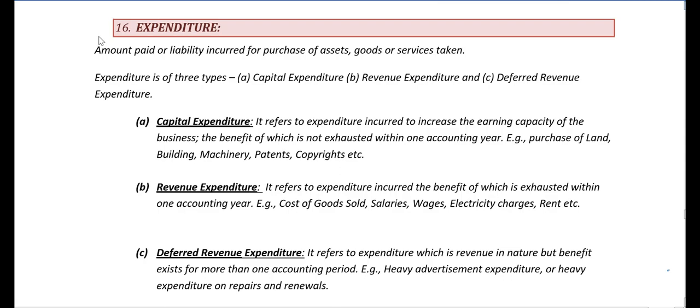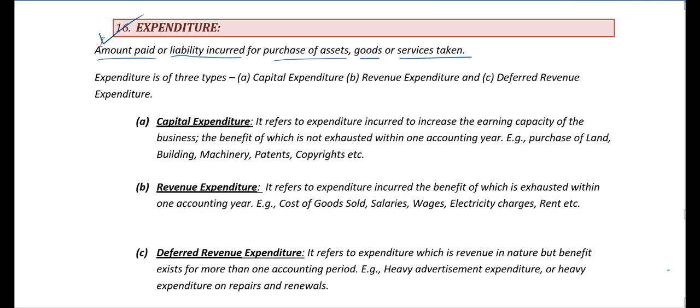Sixteenth term, expenditure. It refers to the amount which is paid or liability incurred, which is the amount is payable. Amount paid or payable for purchase of assets or purchase of goods or for taking services.